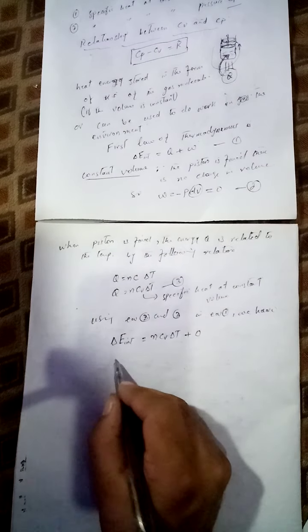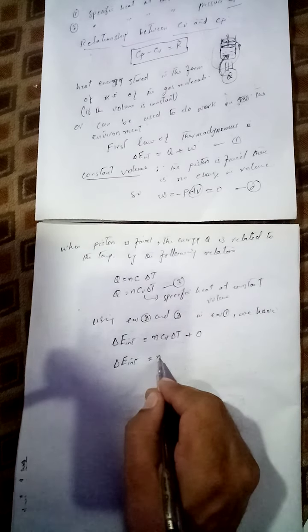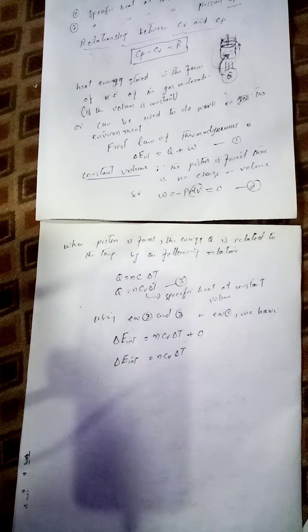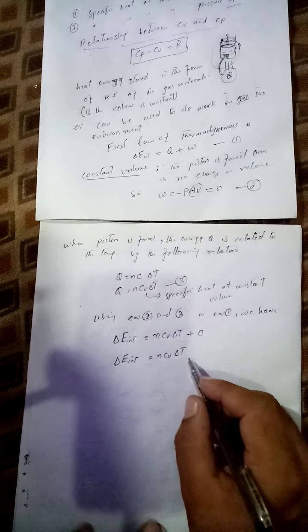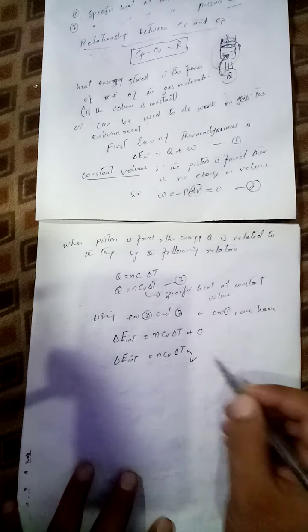So we have delta E internal equal to nCv delta T. So we end this video here, and in the next video we will proceed from this equation. Thank you.